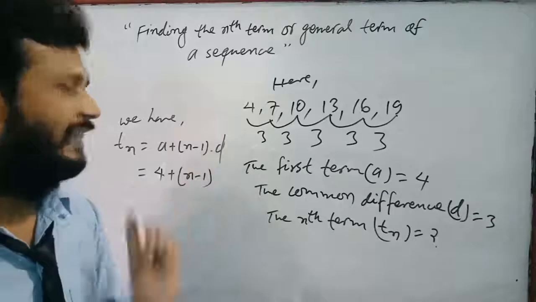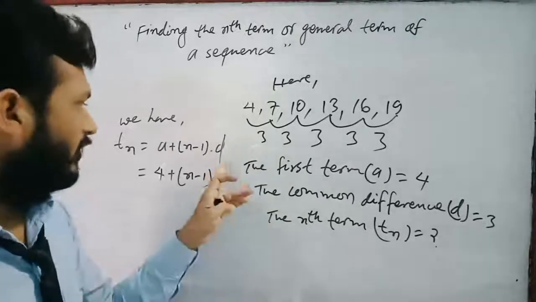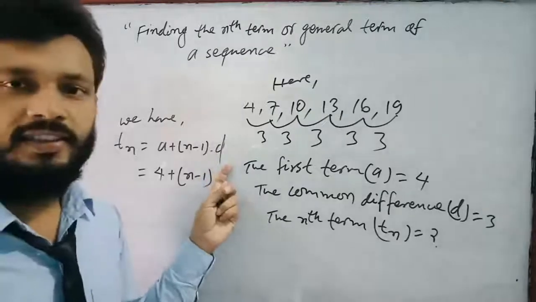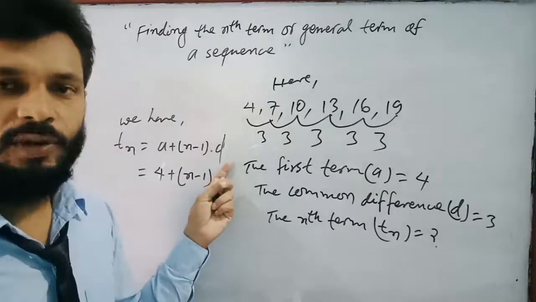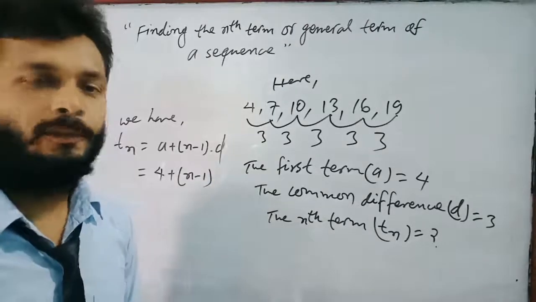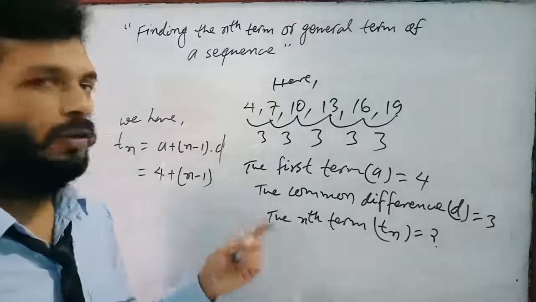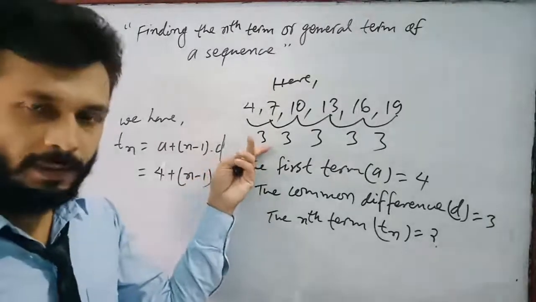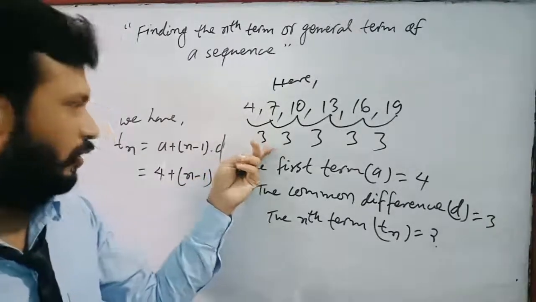value of D. What is the value of D? D is the fixed number or common difference. So what is the fixed number or common difference? Here 3 is the fixed number or common difference.